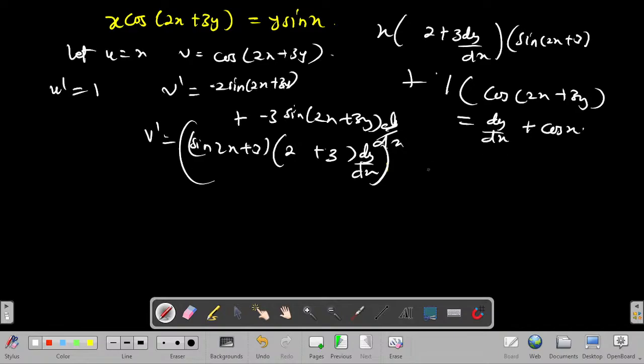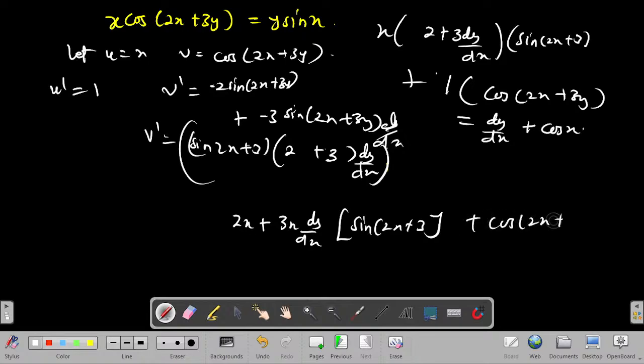That means that I will have to expand this back again. That will be 2x plus 3x dy dx multiplying sine of the, equal to, no, plus my cosine of 2x plus 3y dy over dx plus cos x.